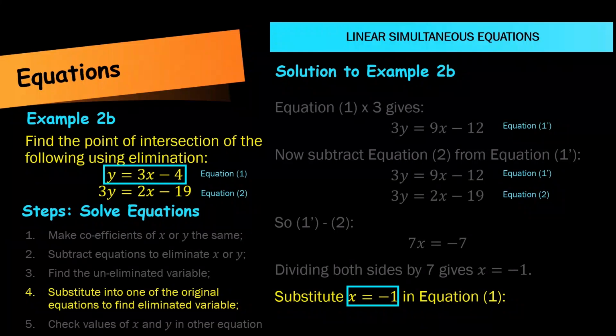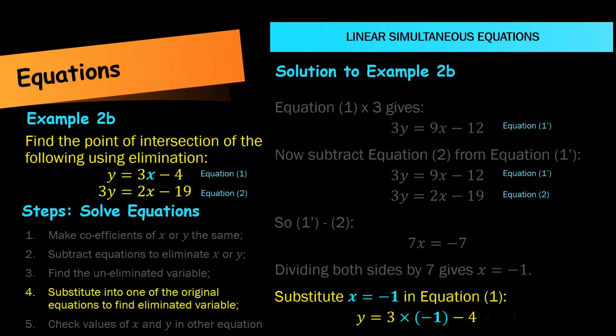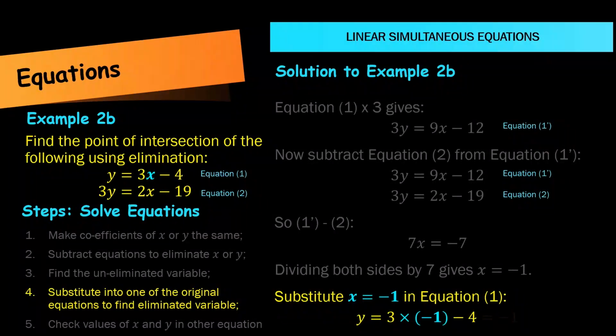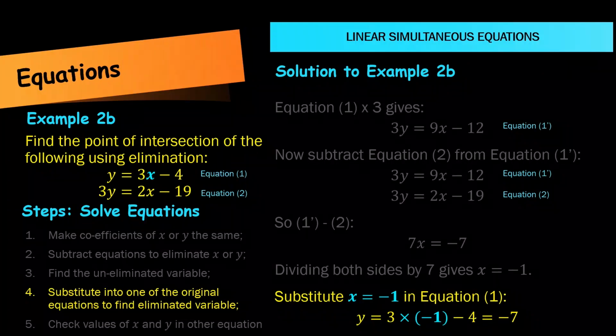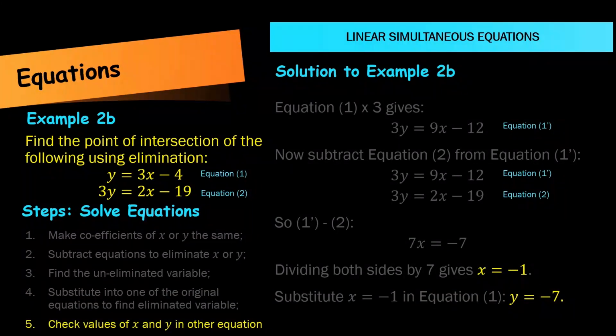So substituting x equals minus 1 in equation 1 gives that y equals 3 times minus 1, the value of x, minus 4 equals minus 7. So we have the two values now. x equals minus 1 and y equals minus 7.